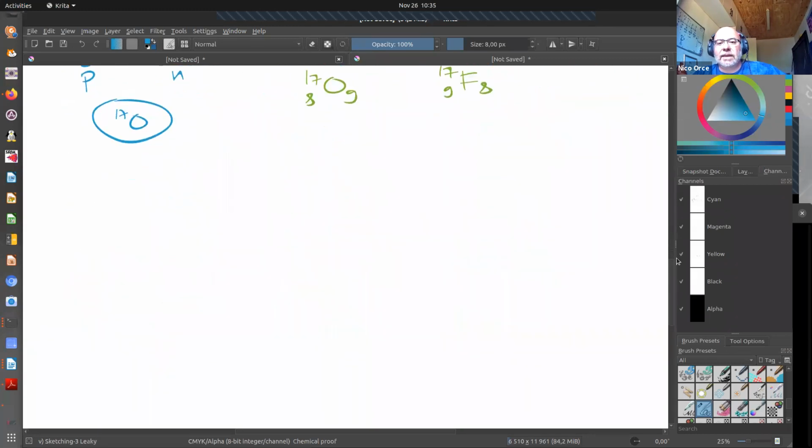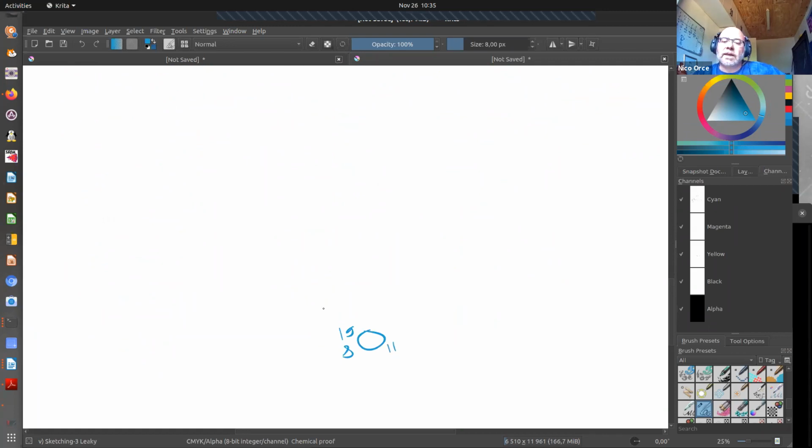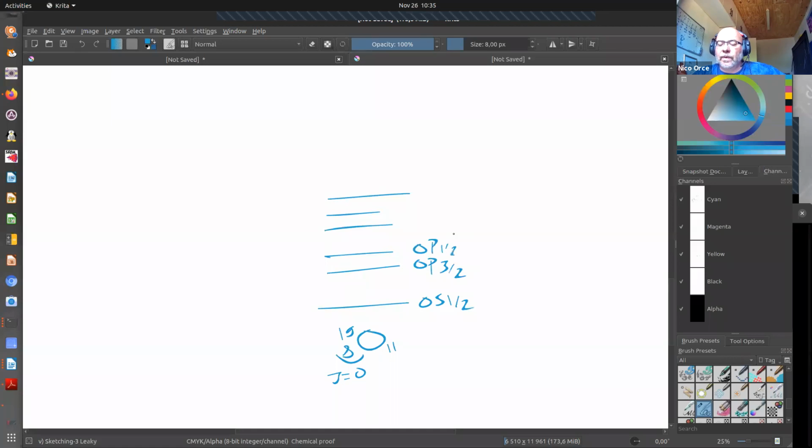Let's move on and see what happened with oxygen 19, which is 8 and 11. So oxygen 19, we have the protons all coupled to J equal to 0. Let's go to the neutron side. So again, 0s 1/2, 0p 3/2, 0p 1/2, 0d 5/2, 1s 1/2, and 0d 3/2.